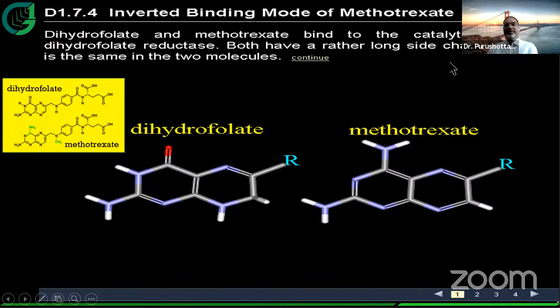Both have a rather long side chain R, which is not shown in the 3D structures, and they are very similar.